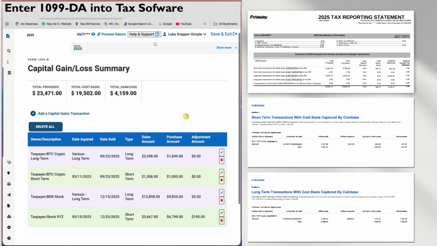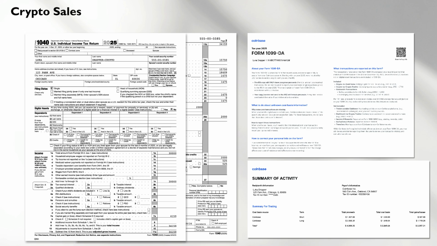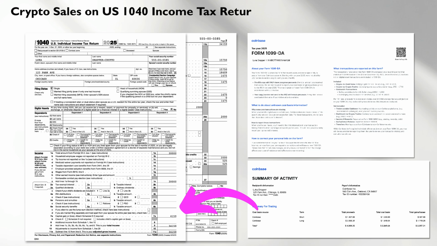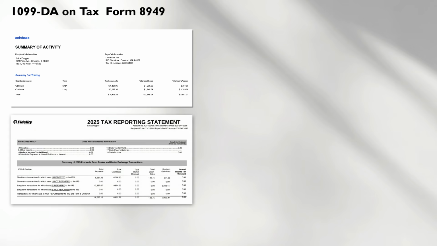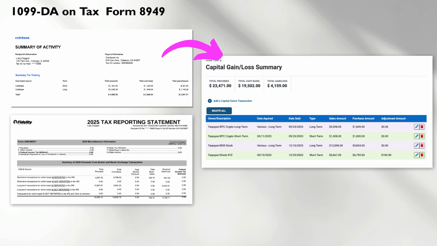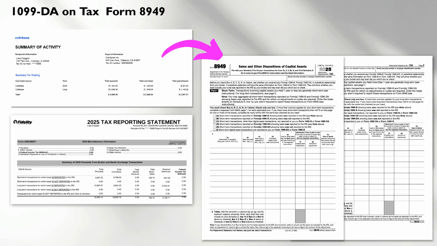Next, I will show you how these transactions appear on Form 8949 and Schedule D. Now let's look at how crypto sales appear on your 1040 tax return. The 1099-DA digital asset sales and the 1099-B stock sales that we entered into the tax software will show up on Form 8949, Sales and Other Dispositions of Capital Assets.